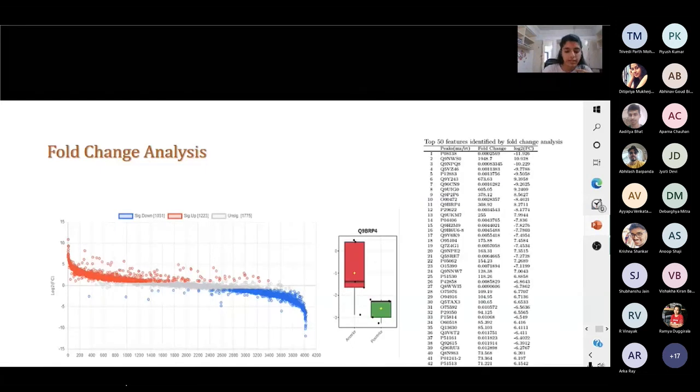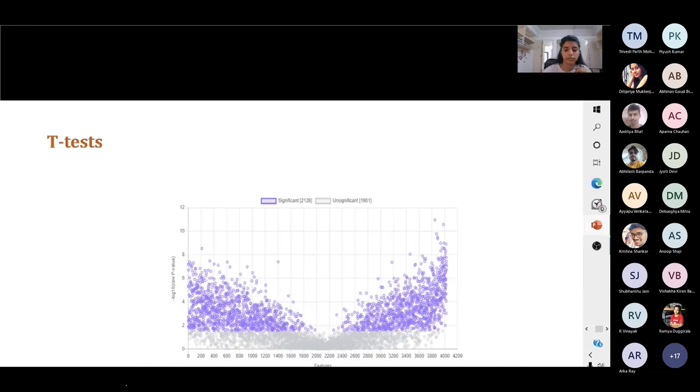Now, the fold change analysis was done. The threshold was kept at 2.0, and I observed 31 proteins significantly downregulated and 123 proteins significantly upregulated. This analysis was made by comparing anterior versus posterior, and the top 50 proteins were shown by the fold change analysis.